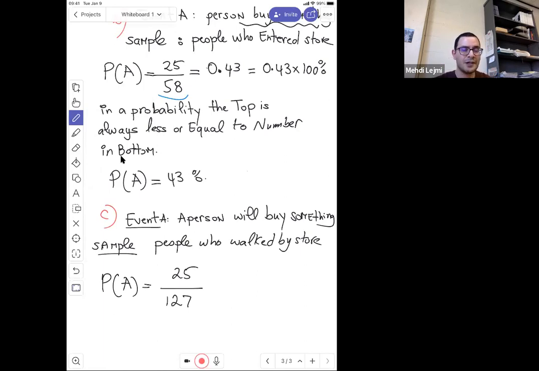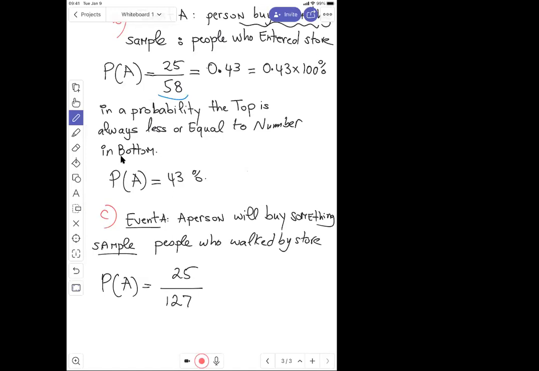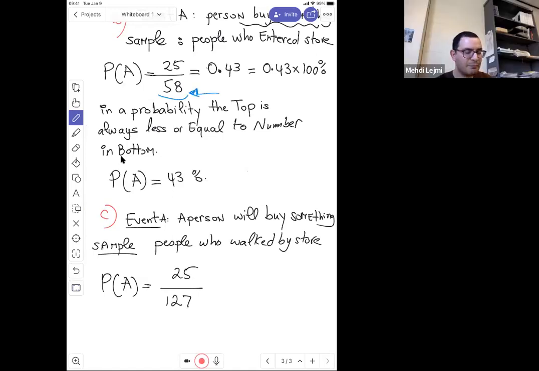That's not the same thing because we have two different samples. In the previous question, the sample was the people who entered the store. And now in C, the sample is the people who walked by the store, not the people who entered the store. So we have two different answers because they have two different denominators. Anyway, 25 over 127 is approximately 0.20.